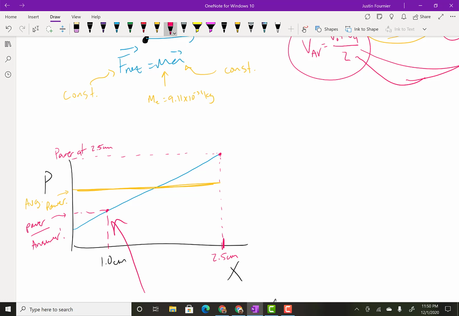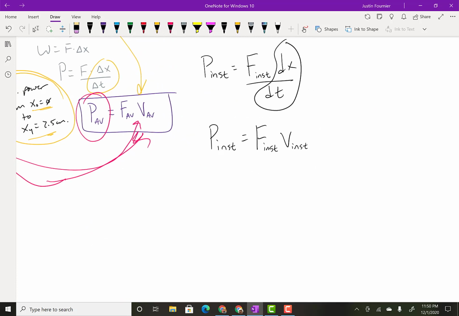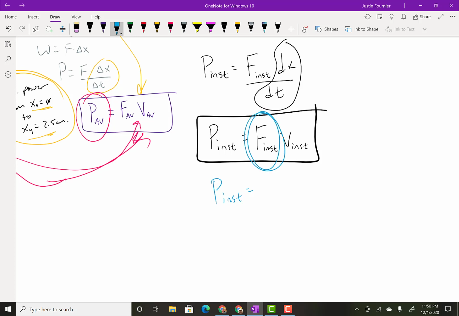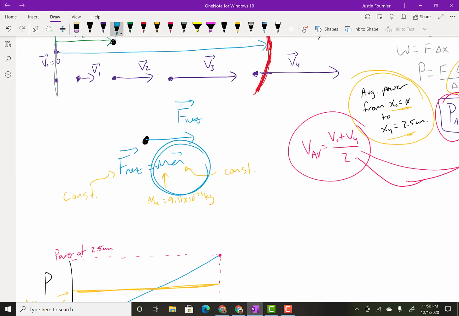Okay, so let's instead go here with the instantaneous power. Already I can use the fact that the force is constant throughout this whole problem. Why? Because the acceleration is constant throughout the whole problem. We've established this already.